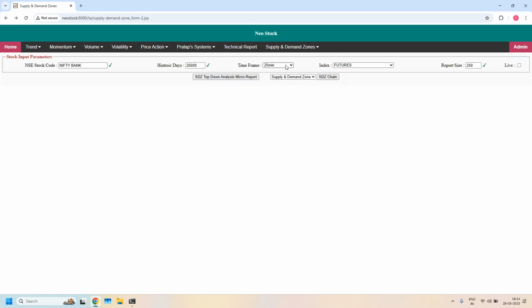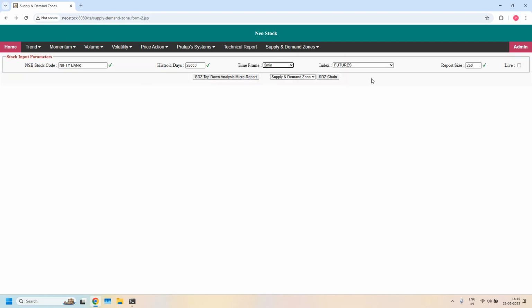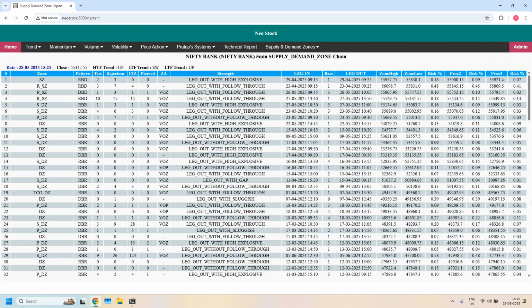Next, 15 minutes supply demand zone chain for Bank Nifty. Next, 5 minutes supply demand zone chain for Bank Nifty. So we have completed Bank Nifty supply demand zone chain generation.